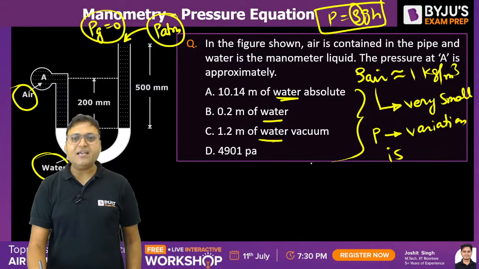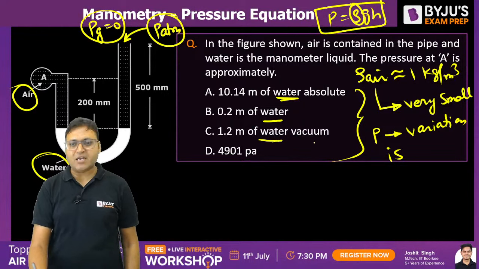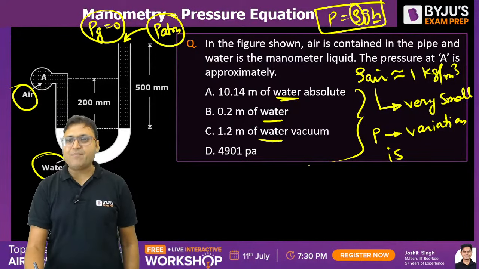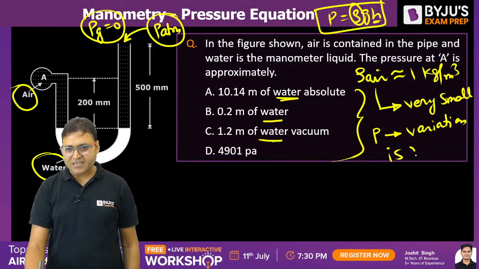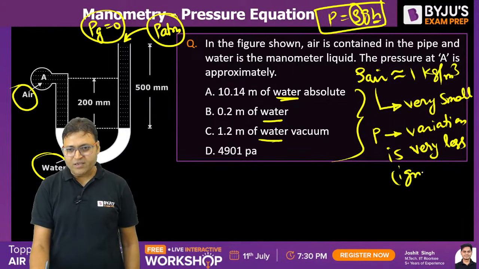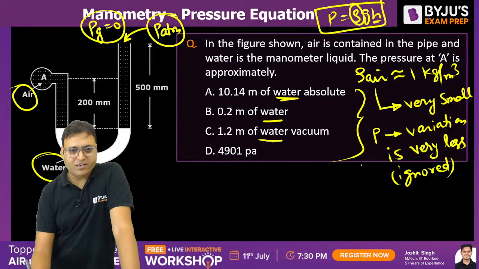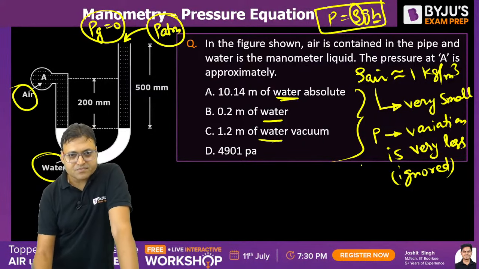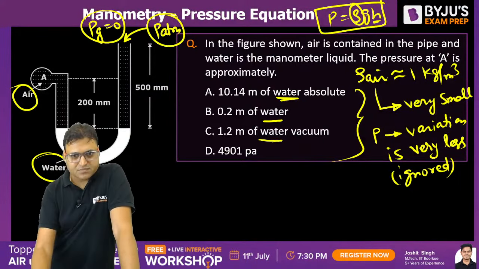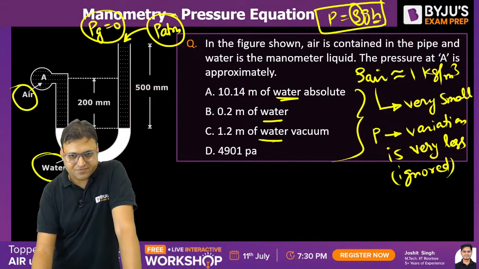The more the density, the more the variation in pressure over the same distance. So the variation is very less, which can be ignored. If it is a gas, the pressure variation can be ignored. Do you guys understand it?